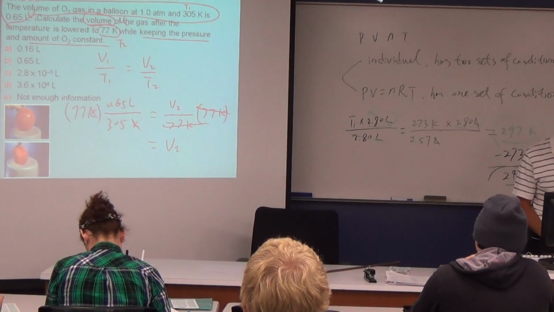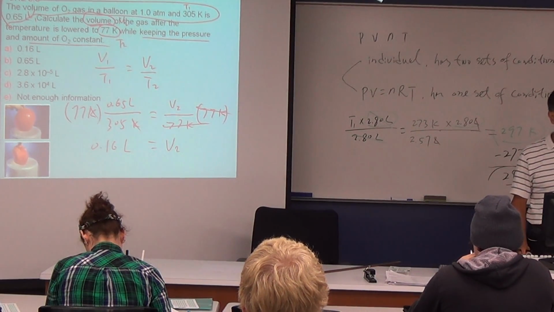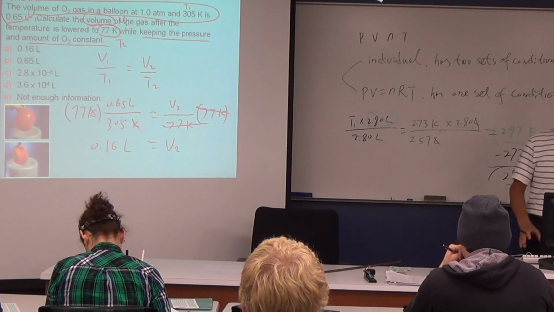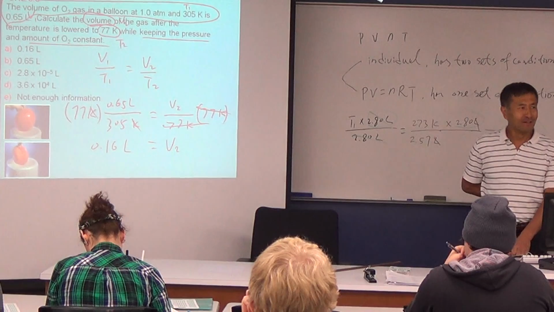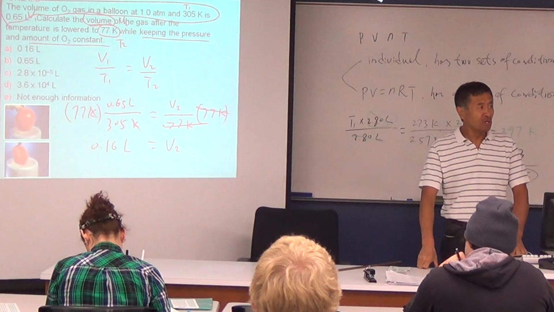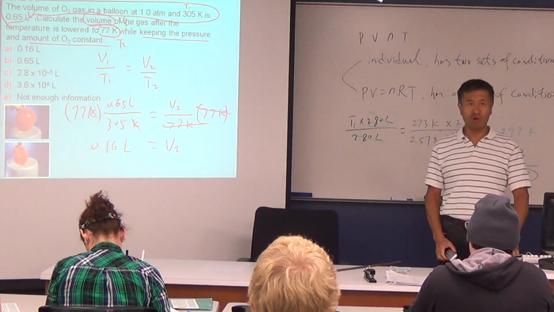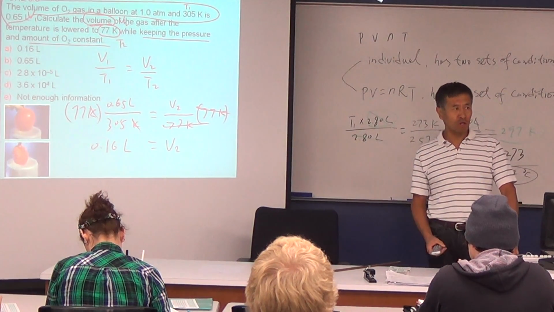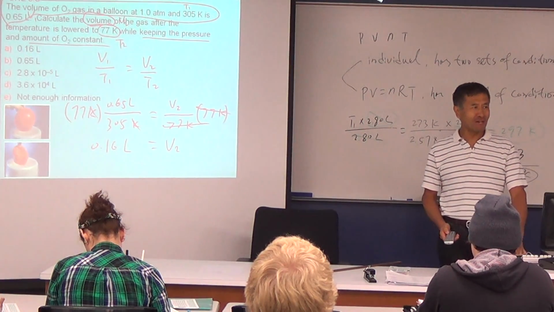So you do a calculation and V2 becomes 0.16 L. Alright, any questions? So you are okay. So you know how to study this class now, okay? If you feel like you need to put in more time, just put in more time. More practice and you are more fluent. Chemistry is kind of another language.